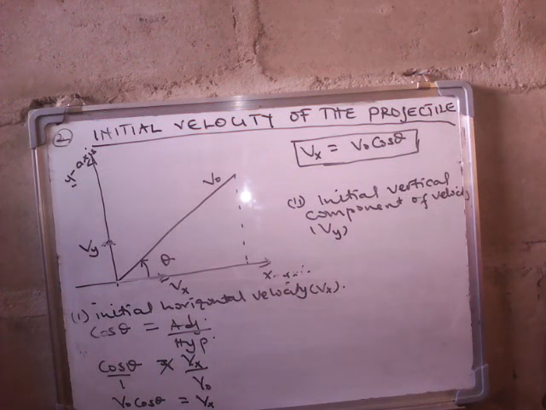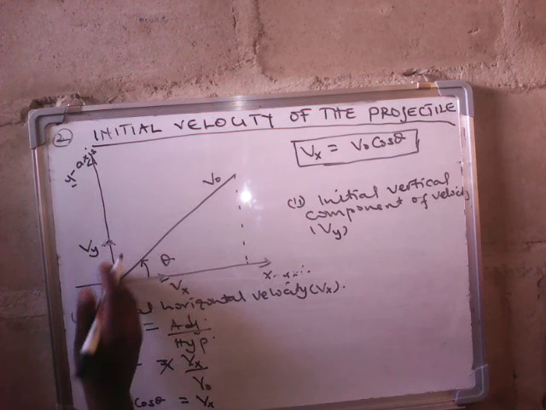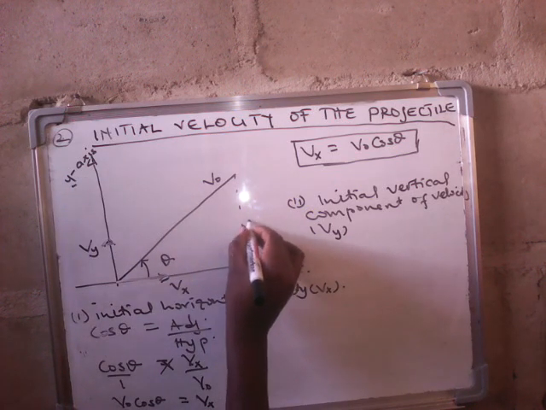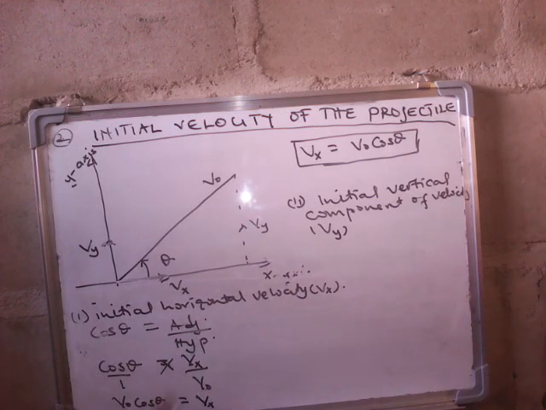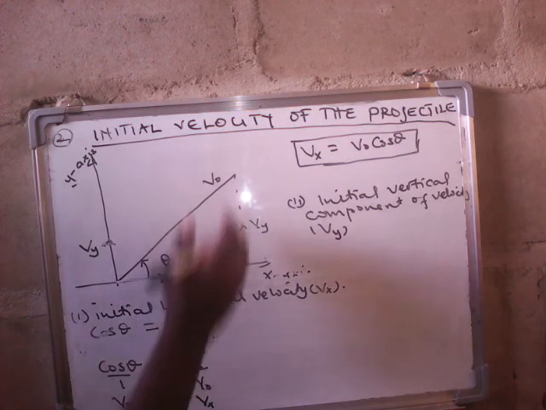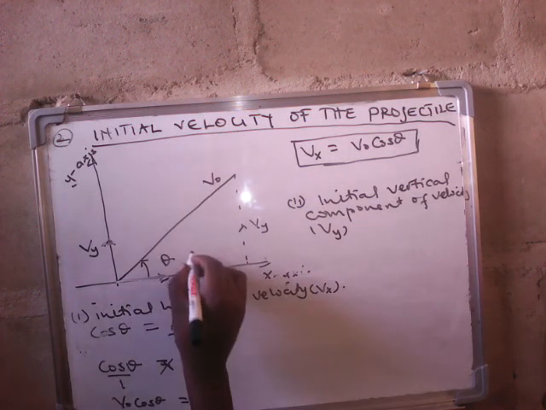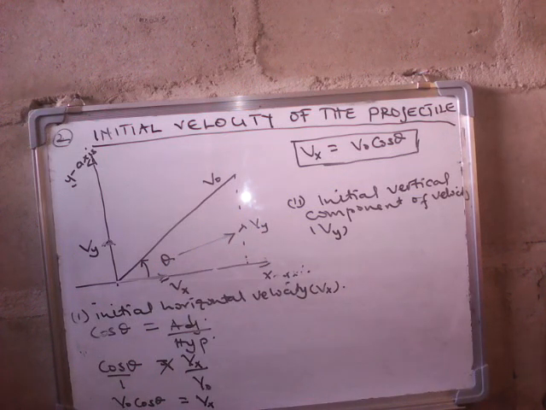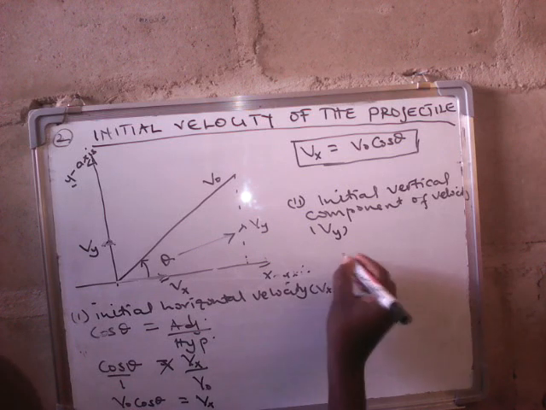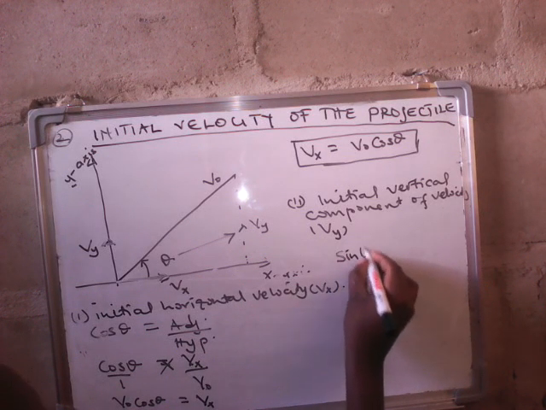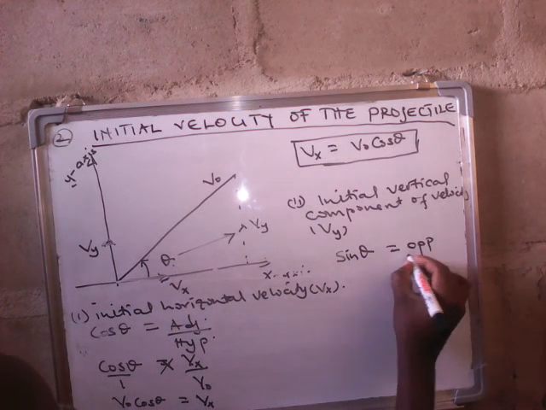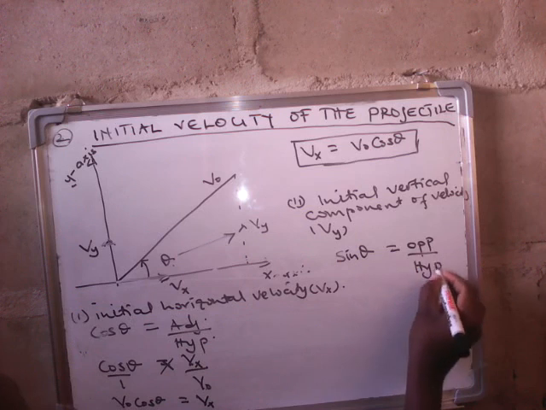Now we shall look at the vertical, which is this, because now this is a vertical, so here we have our Vy. Then we need to resolve vertically. With relation to that angle, we know the angle is opposite to Vy. Something opposite, then we can use sine. We know sine of any angle, maybe theta, is opposite over hypotenuse.